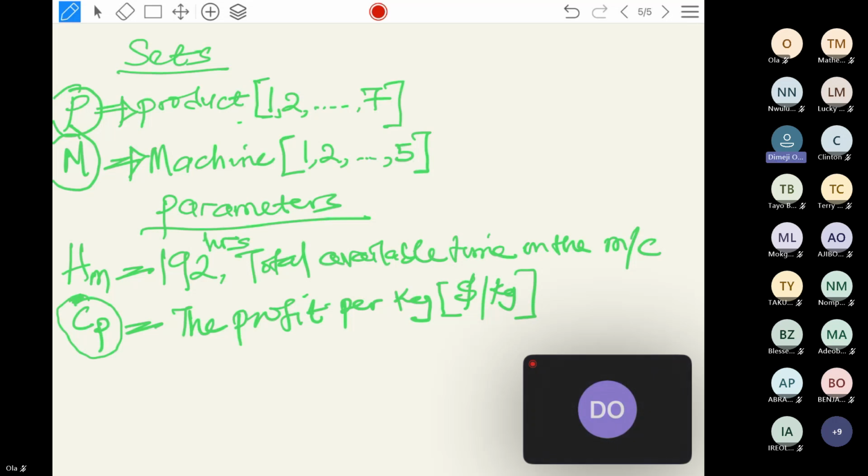I said this C is indexed in P. Can somebody help us with that? What does that mean? Anybody, just try. Where are the guys using AIMMS? A couple of you are using AIMMS.